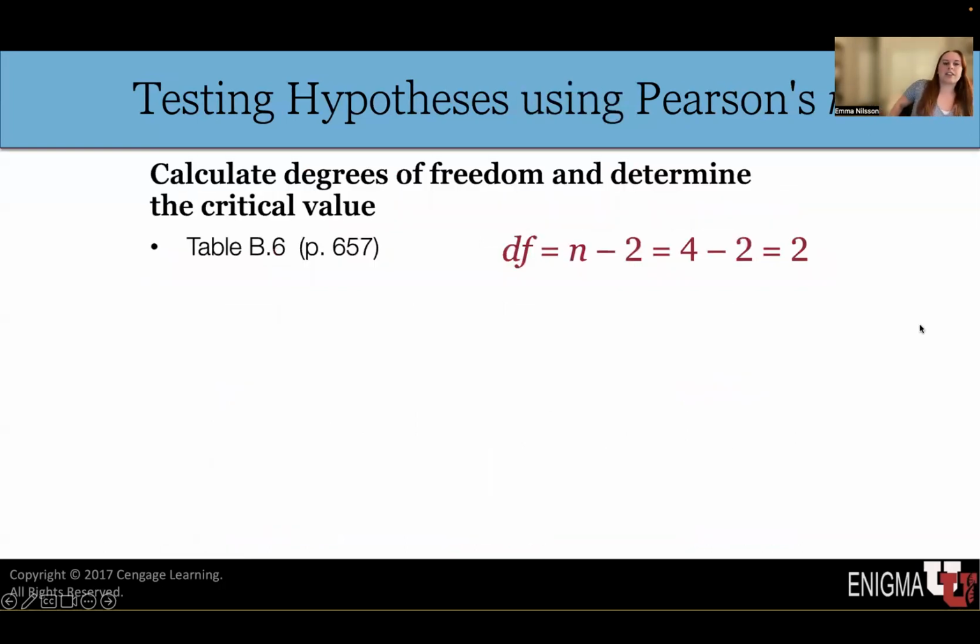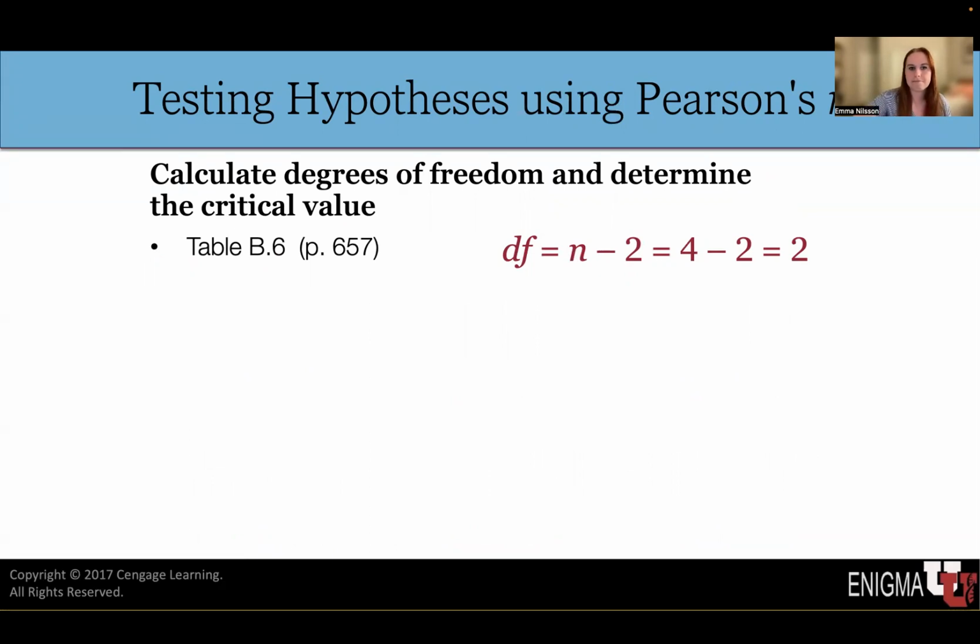The next thing we have to do when we're doing hypothesis testing is calculate the degrees of freedom and determine the critical value. We always have to do this. Table B6 is in the textbook that these courses are from, and I will go back at the end and show you what that textbook looks like in case you want to look it up. But you could just look up critical values for Pearson's R on Google.